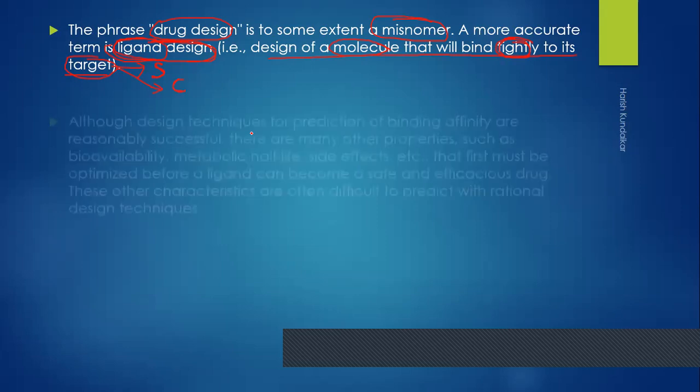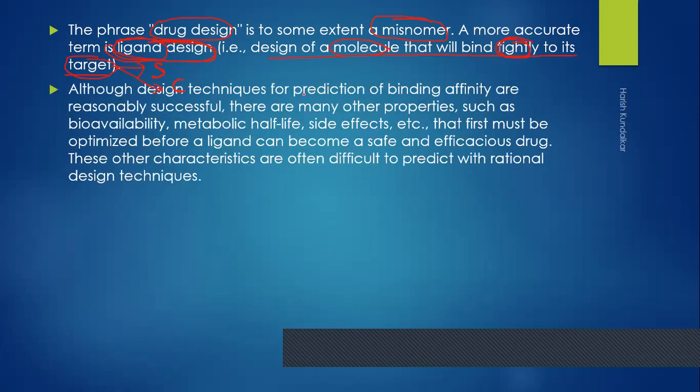All right, so drug design techniques are used for prediction of binding affinity, and these are reasonably successful. What I was saying is, computer-aided drug design is the design of ligands that will bind tightly to the target on account of shape and charge complementarity, right?